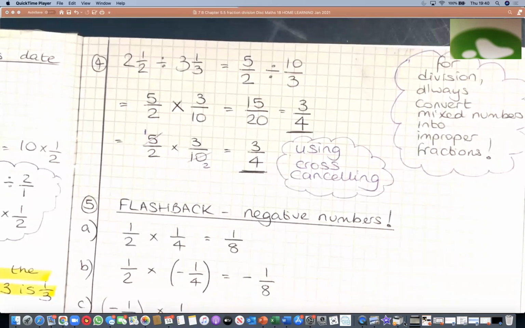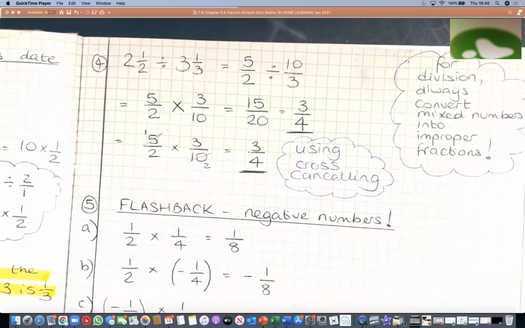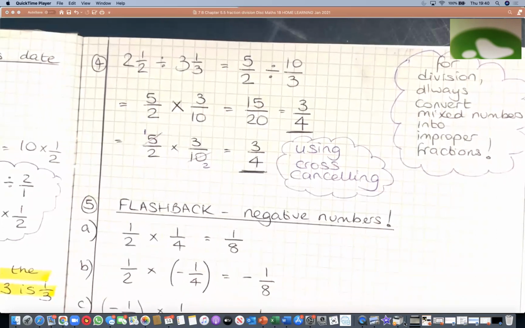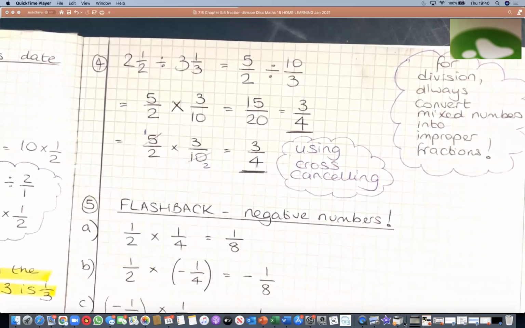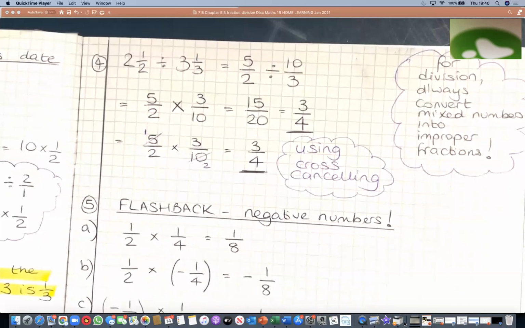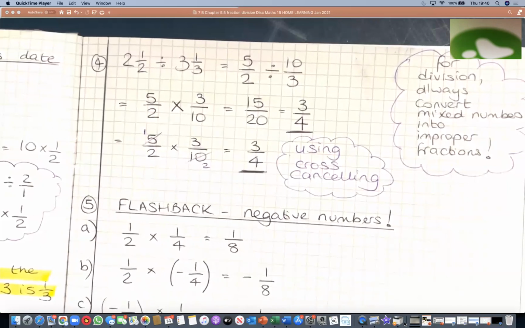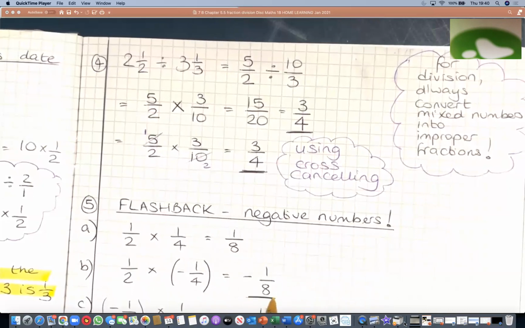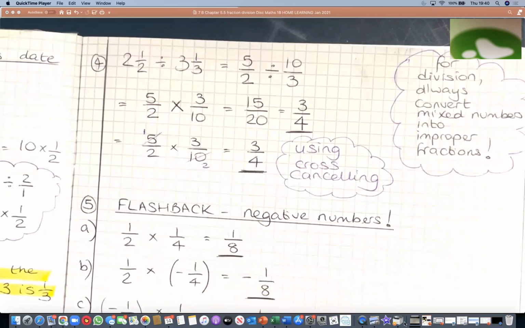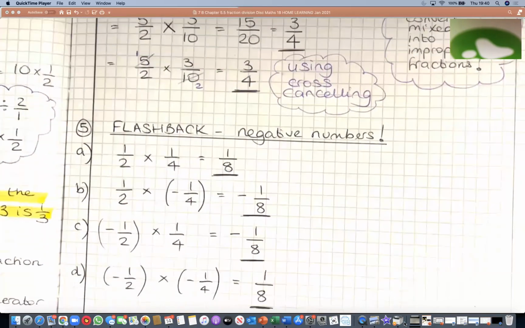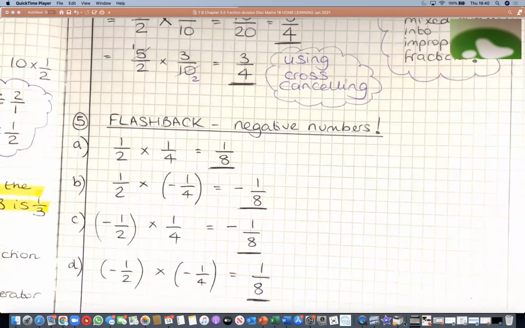Again, a negative multiplied by a positive gives me a negative 1/8. Finally, if I have a negative 1/2 multiplied by a negative quarter, that's going to give me a positive 1/8. Okay, just remember, a negative multiplied by a negative will result in a positive.